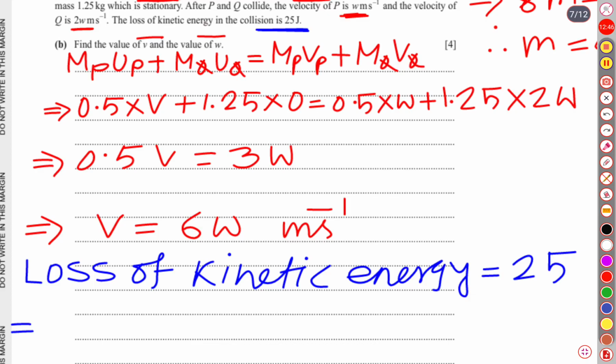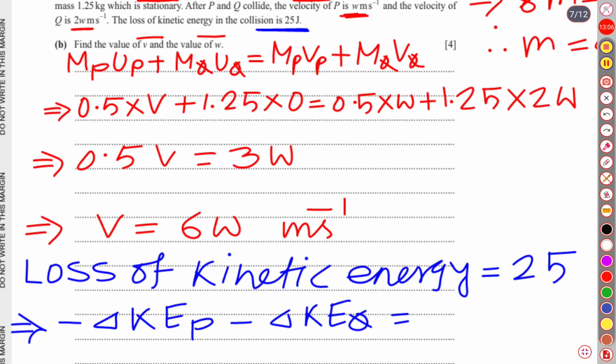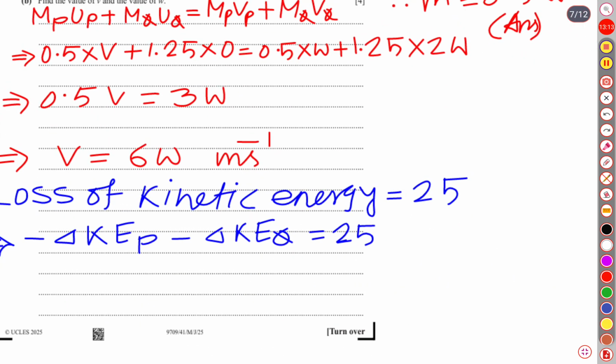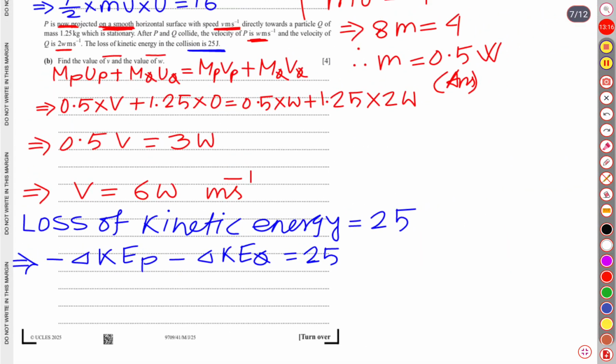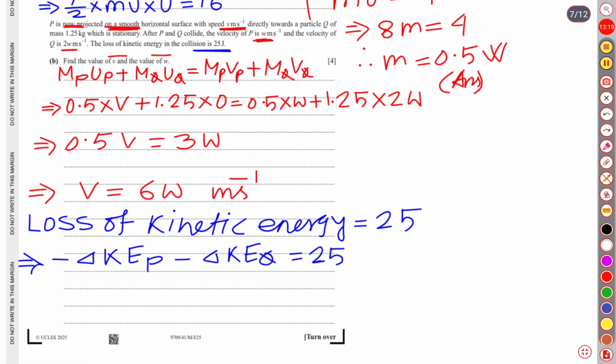Now we know the formula of loss of kinetic energy is change in kinetic energy of the first particle, the name of the first particle is p, minus change in kinetic energy of the particle q. There are two particles, they have collided, that's why both of the particles should be considered. It is 25. And the formula we know for change in kinetic energy is actually half m v square.